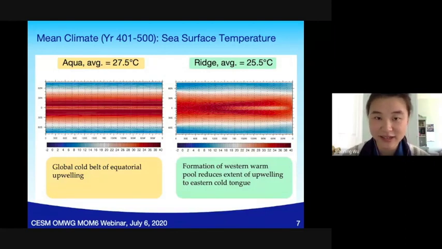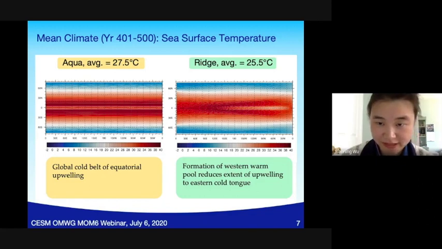Getting a closer look at the climatological sea surface temperature, the first thing to notice is that both our planets are pretty warm, and Aqua is even warmer than Ridge by 2 degrees. At those temperatures, we don't get sea ice, and the planetary albedo is mostly dominated by the effect of clouds.